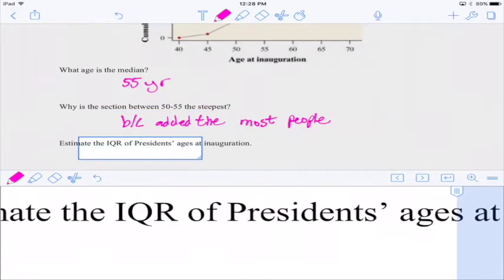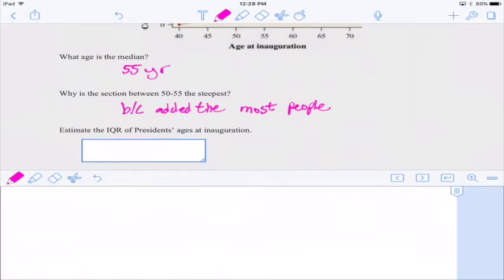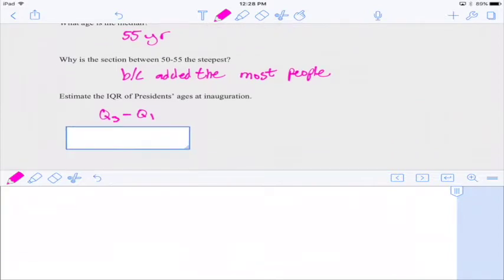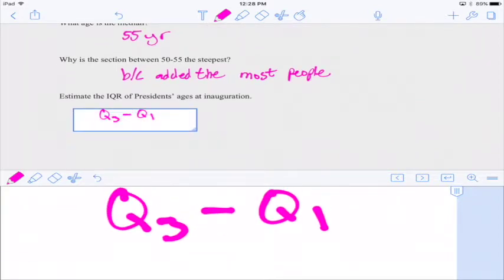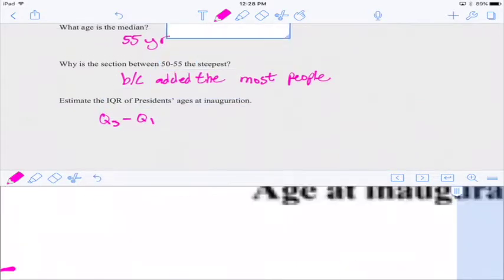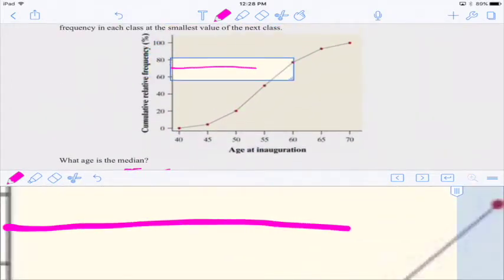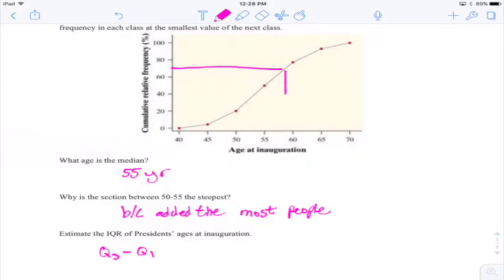If we want to estimate the IQR, remember IQR is Q3 minus Q1. Well, Q3 is at about 75% and Q1 is at about 25%. So we're going to estimate it. So at about 75, we could say roughly 58.